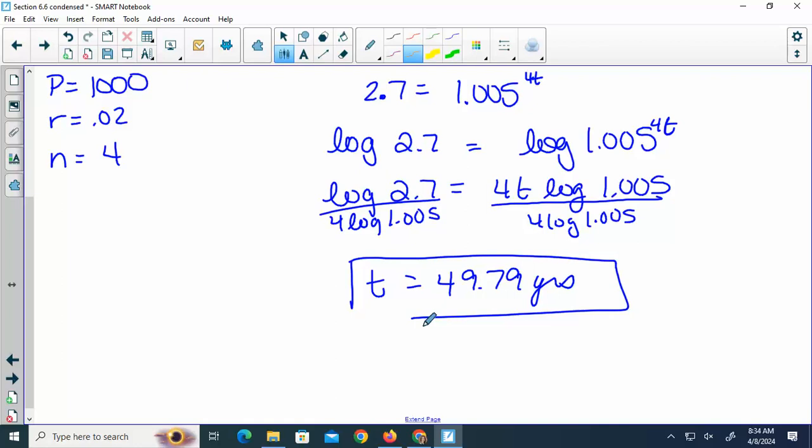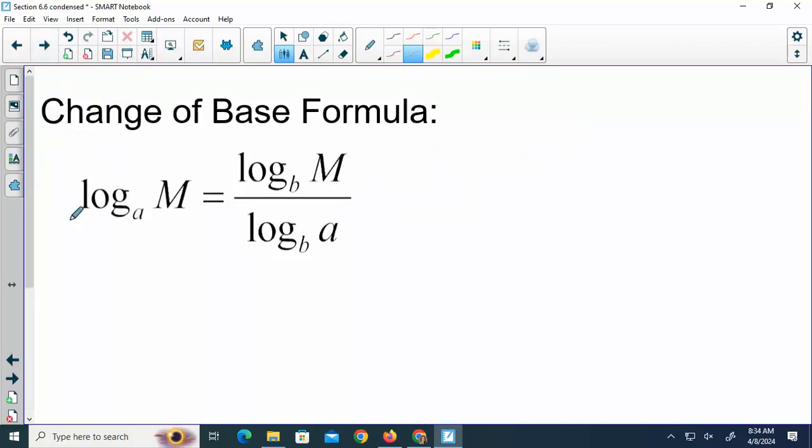Any questions there? Last thing I want to look at, the change of base formula. This is not one I would give you.